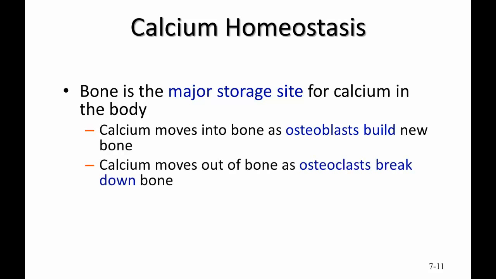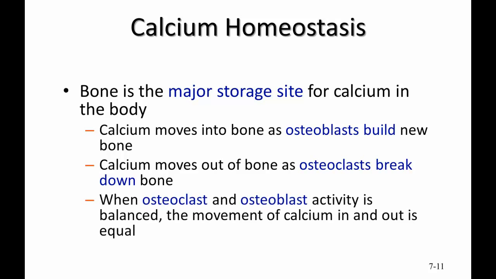Now, calcium moves out of bone as osteoclasts break down the bone. If you're pulling calcium out of the bone, it has to go somewhere, so that's going to go into the bloodstream and actually raise blood calcium levels. And then when osteoclast and osteoblast activity is balanced, the movement of calcium in and out is equal, and we maintain our skeleton. Now, if the osteoclasts are outworking the osteoblasts, what do you think we might wind up with?